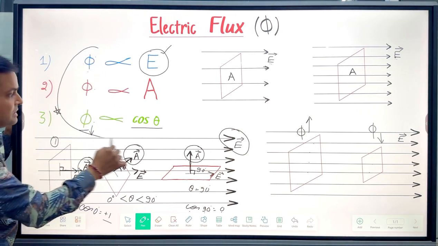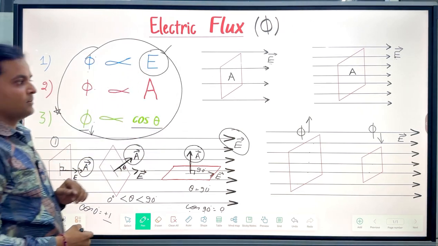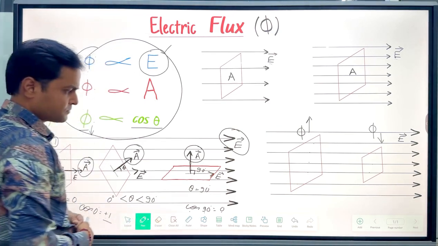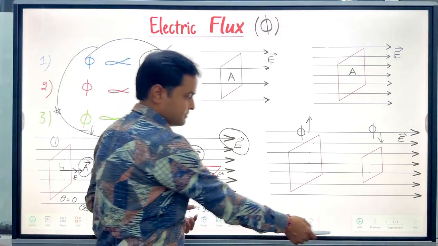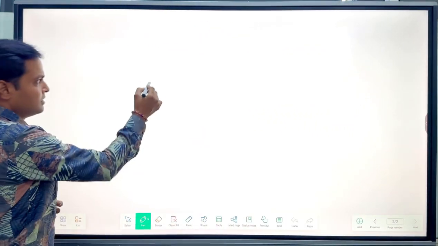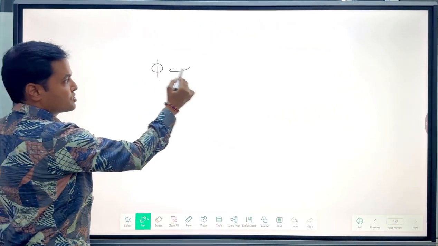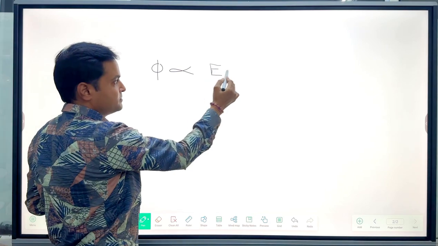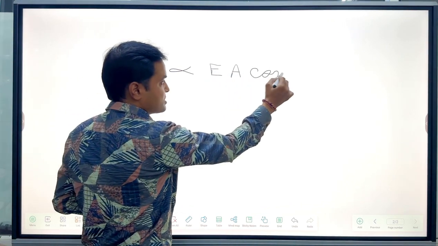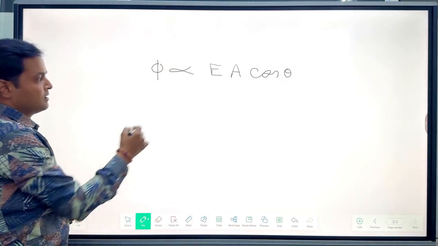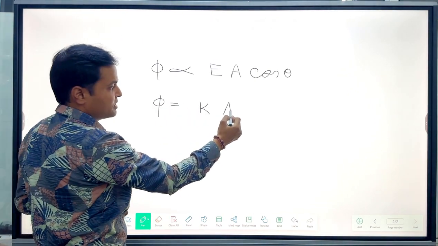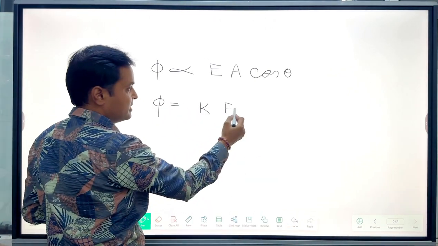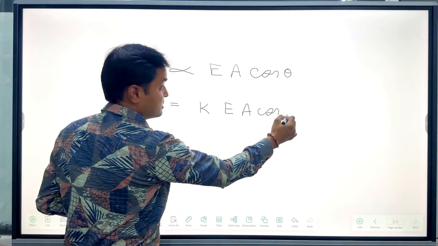By using the three concepts, we can form a simple formula. See here, phi is proportional to E A cos theta. Phi is equal to K, the proportionality constant K, times E A cos theta.